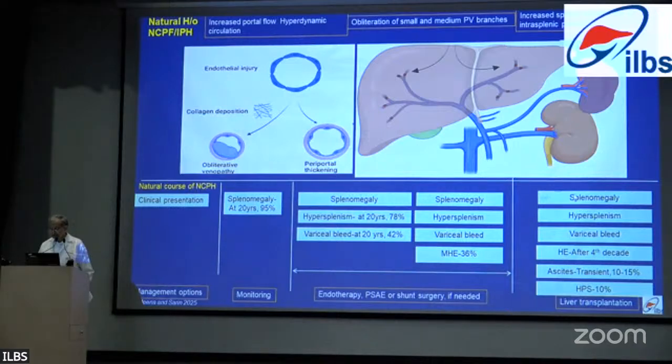And over a period of time, these things worsen. By the fourth decade, he may develop HE, he may get transient ascites, which is diuretic responsive, and hepatopulmonary syndrome. We need to see endotherapy, the partial splenic artery embolization or shunt surgery. And maybe there is a need in a few group of patients for liver transplant.